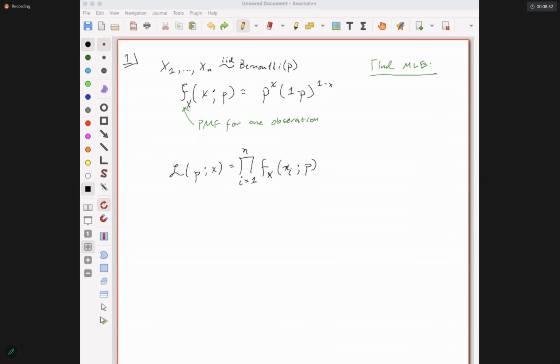So now we need to actually evaluate this. We can put in our product from i equals 1 to n of p to the xi times 1 minus p to the 1 minus xi. And how can we simplify this product here?